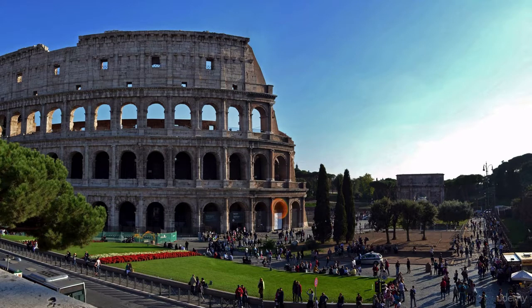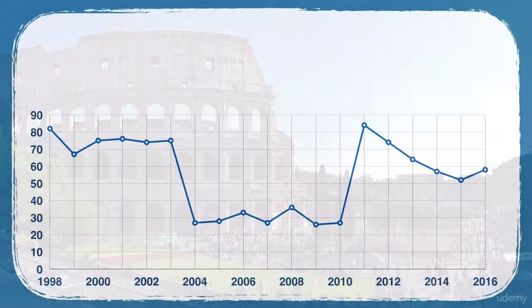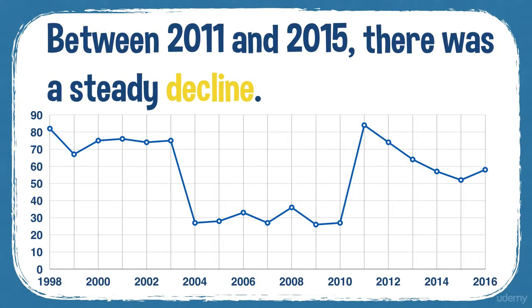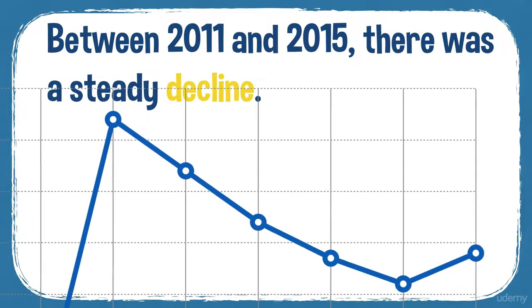So decline can also be used for something that happens over a long period of time. But it can also be used in a general sense, just like fall and decrease.